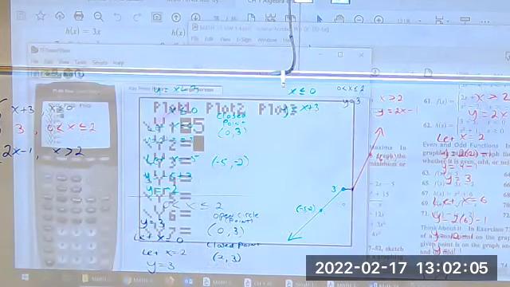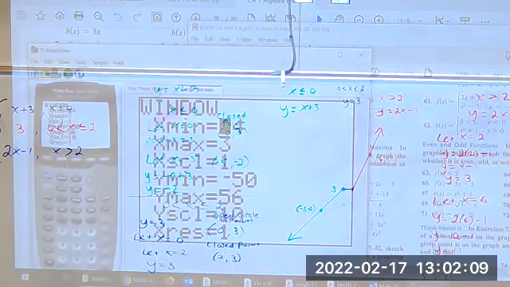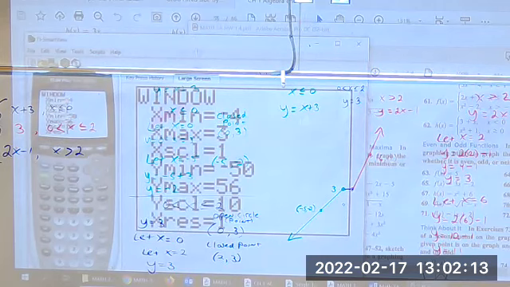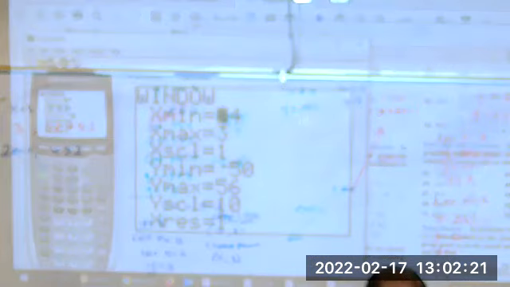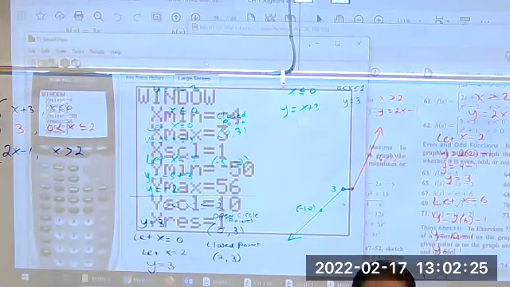So, window check. Whether it's even or odd, it's about f of x and f of negative x. x, negative x. 5, negative 5. 3, negative 3. 2, negative 2. It's about left side, right side.